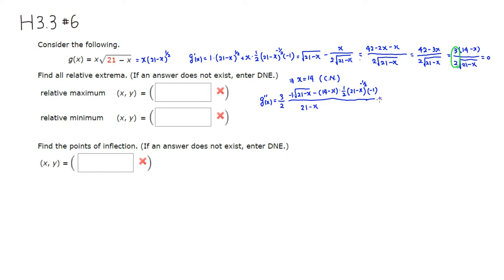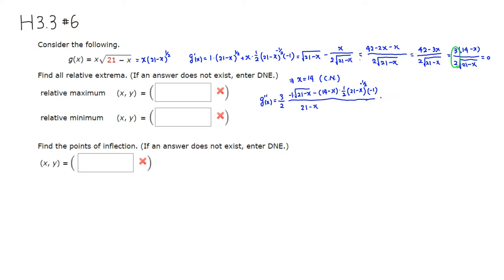Then to simplify, 3 over 2 is still there. To make our life easier, I'm going to multiply top and bottom by the square root of 21 minus x.